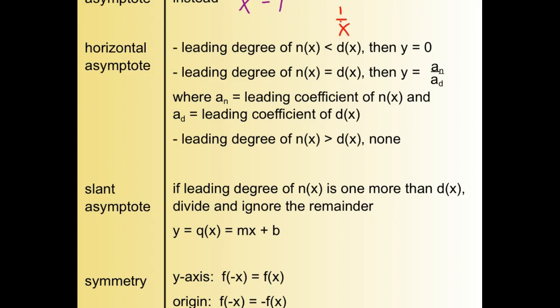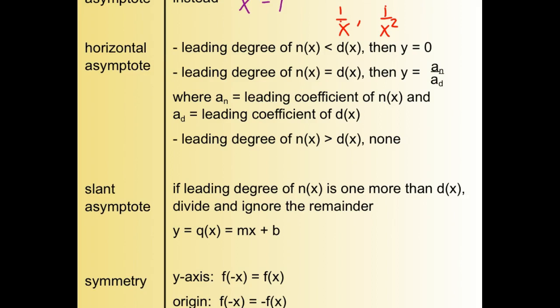The degree in the numerator is 0, and the degree in the denominator is 1. 0 is less than 1. The other one was our inverse square. Again, the degree in the numerator is 0, and the degree in the denominator is 2. So that gives you an idea of what kind of functions would have an asymptote of y equals 0.